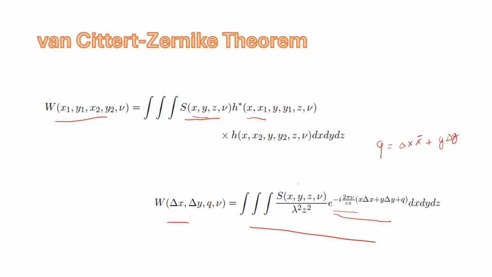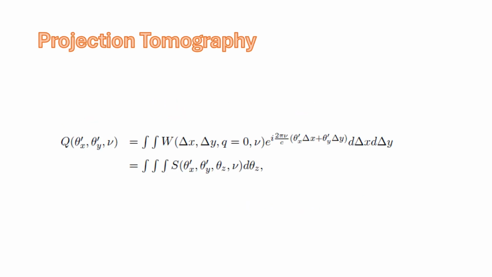Now, here's what's cool. If you take this Fourier transform relationship, we can Fourier transform and get that the Fourier transform of the cross-spectral density is just the integral of the object along z. We've taken the Fourier transform with respect to the coefficients delta x, delta y. The z part still remains, because the cosine pattern that we get doesn't depend on z.